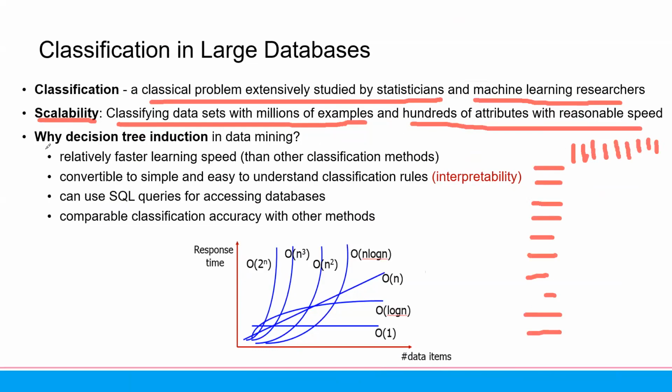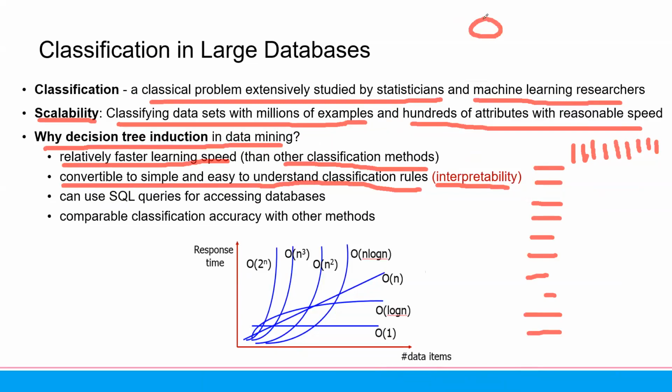So why we need to understand this decision tree? First, because it is faster. Compared to other classification methods, this algorithm is very fast. And then this decision tree is simple and easy to understand as classification rules. So you can interpret. Like what we already see from the decision tree, the most important attribute is at the top.